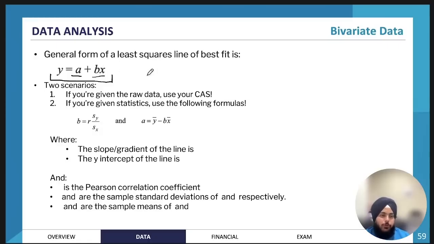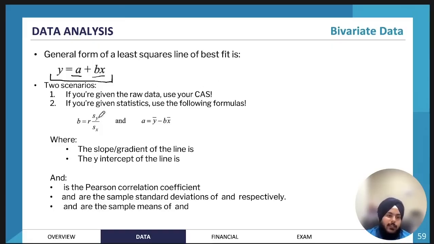Usually in questions you'll be given raw data, so you'll be given x variables and y variables, and from there you can put that data into your calculator and your calculator will spit out these a and b values. Alternatively, you might be given certain descriptive statistics.